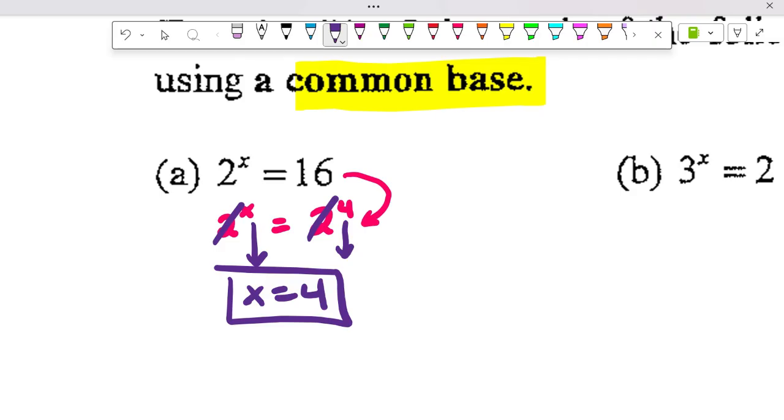If I plug in 4 for x here, it's true that 2 to the 4th power is equal to 16. So if I plug this 4 back in for this x, does it make this statement true? Is 2 to the 4th power equals 16? Yeah. So the hardest part is finding those common bases.